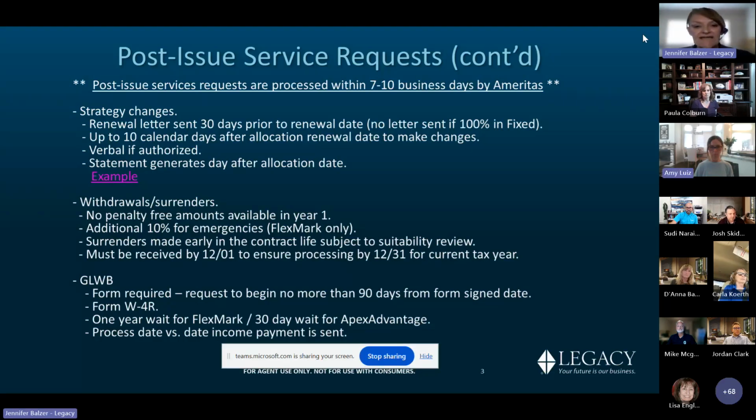So let's say today a client signs, they can't request the income in December. They can only go 90 days out. So the maximum would be August 1st in my example. For Flexmark, it's a 1-year wait in order to start income under any of the income riders. For Apex Advantage, which some of you guys have sold, it's a 30-day wait.